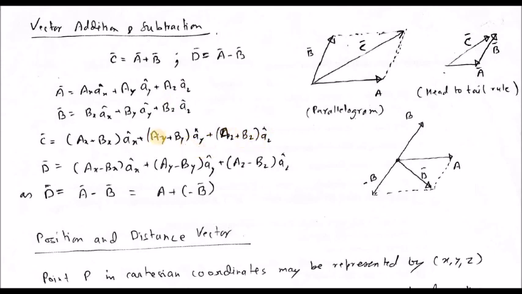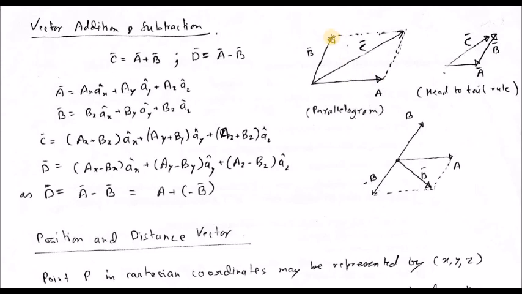This is the mathematical summation, but we can do this in a graphical way also, and we have the parallelogram law of addition and the head-to-tail rule for this addition. In the parallelogram law we make a parallelogram using the two vectors. Suppose here I have vector A and this is vector B. So I make a parallelogram using these two vectors.